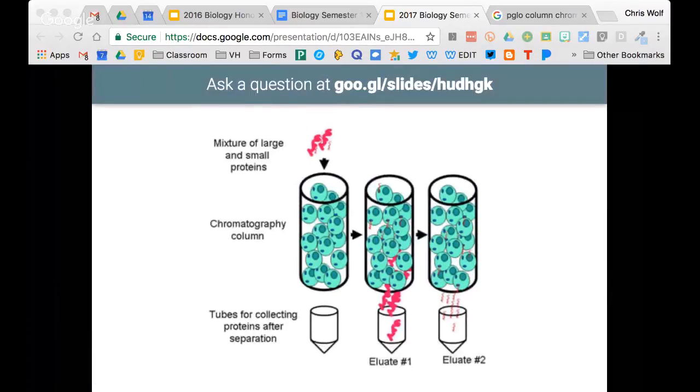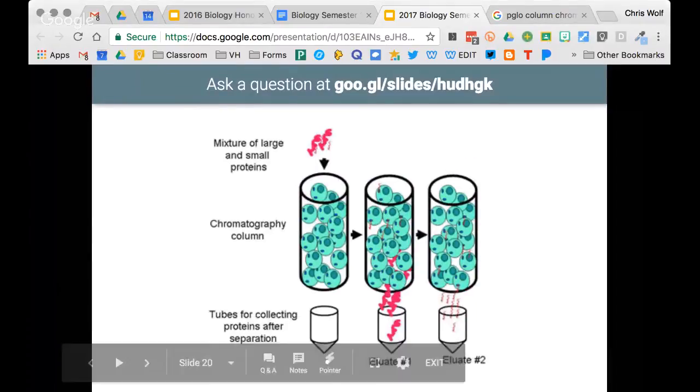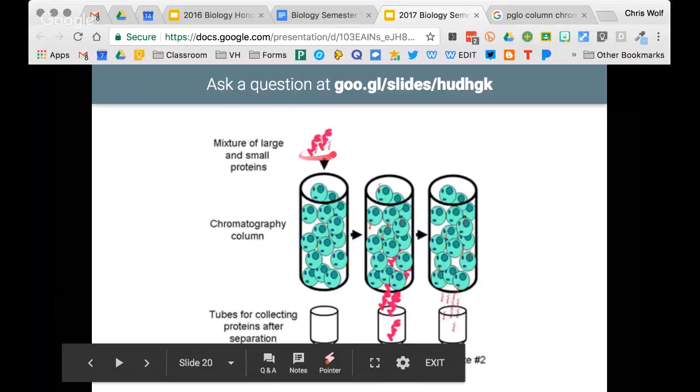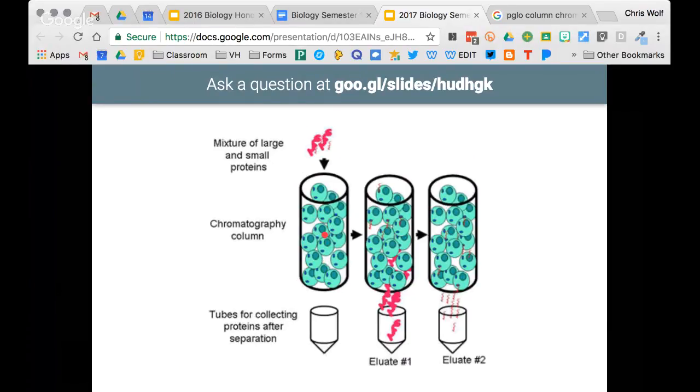So basically, column chromatography works a lot like gel electrophoresis, except when you put the protein in the column, the bigger molecules actually have an easier time traveling because they don't get stuck in these little tiny, they look like little wiffle balls. They're made out of silica.